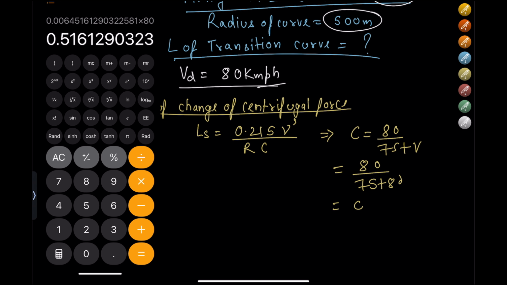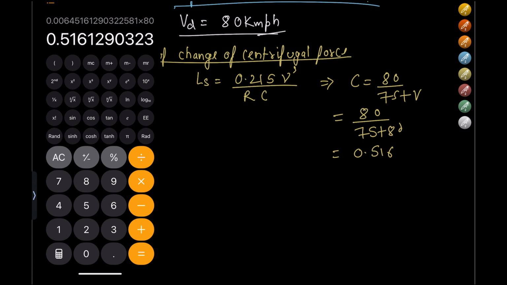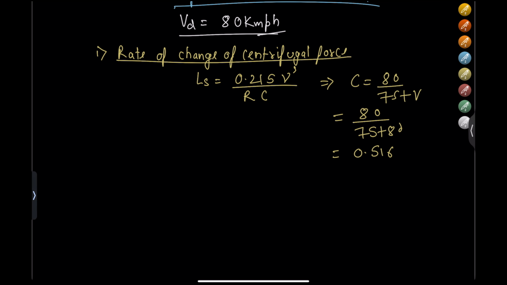The value is equal to 0.516. Since the value of C must lie between 0.5 and 0.8, if the value is between these limits, C is taken as it is. So C is equal to 0.516 for this case, right?